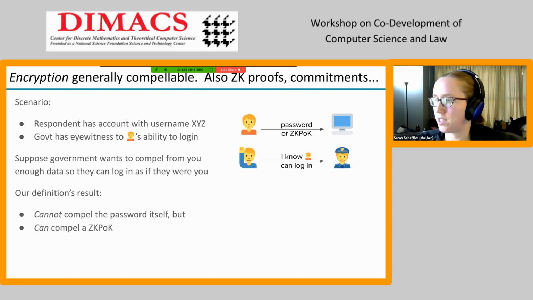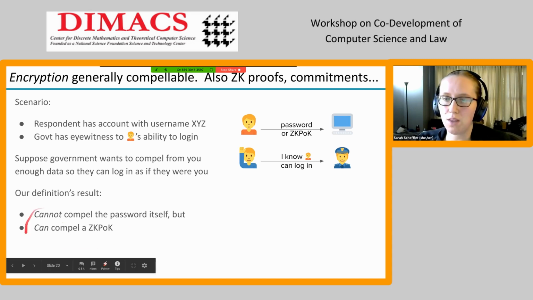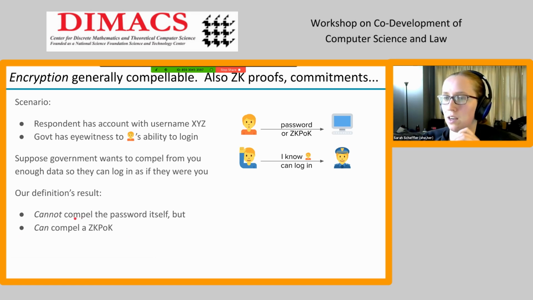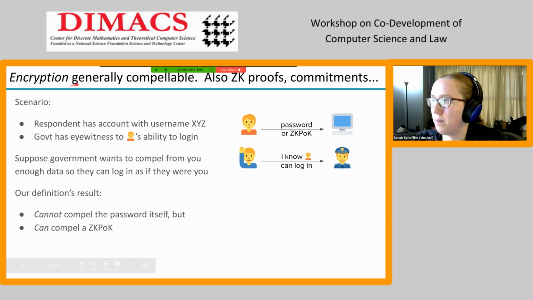And this is interesting because it seems to be true even though they couldn't have compelled the thing that would otherwise be required to log in, namely a password. So that's interesting. And we're going to use this idea of compelled encryption for the third part of this talk as well.